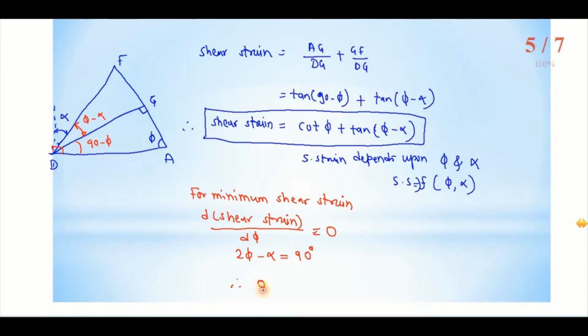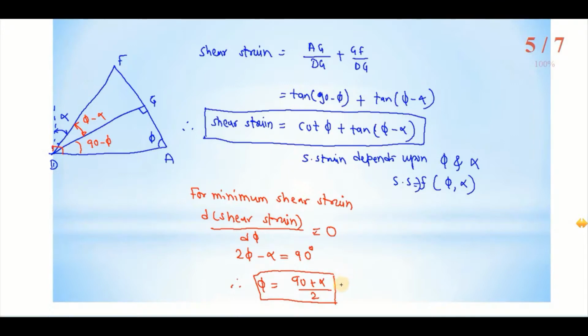So here we are getting shear plane angle phi as 90 plus alpha divided by 2. So this is the shear plane angle relation at minimum shear strain.